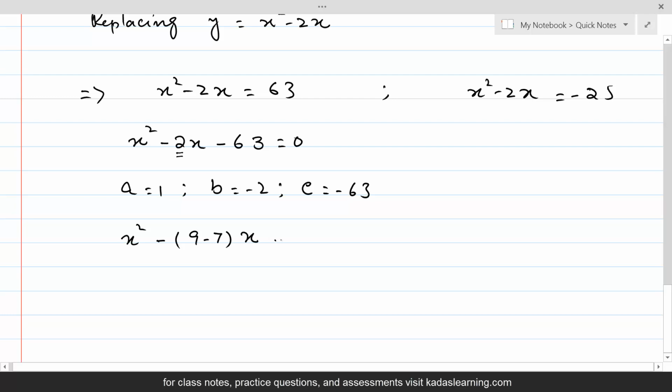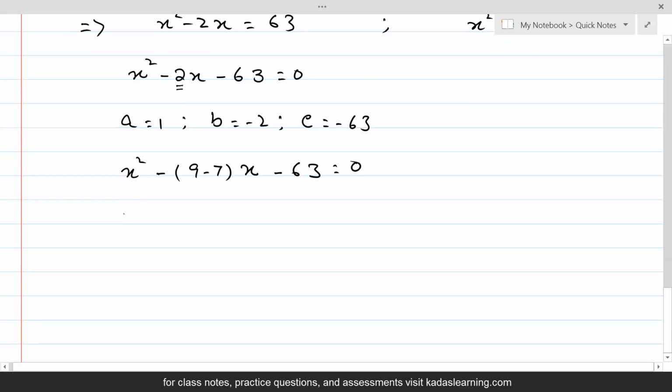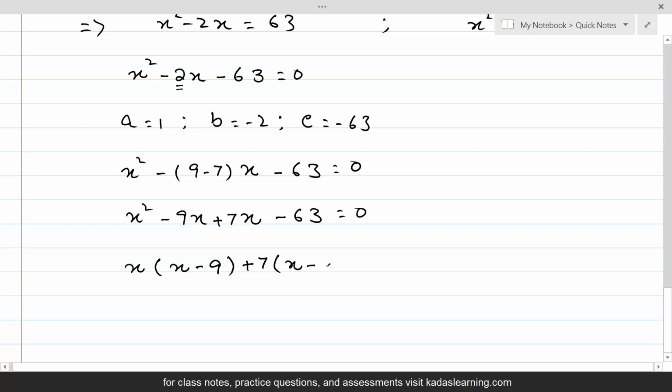So this will give us x squared minus 9x plus 7x minus 63 equal to 0. If we take x common, this will give us x minus 9, plus 7 common, x minus 9 equal to 0.